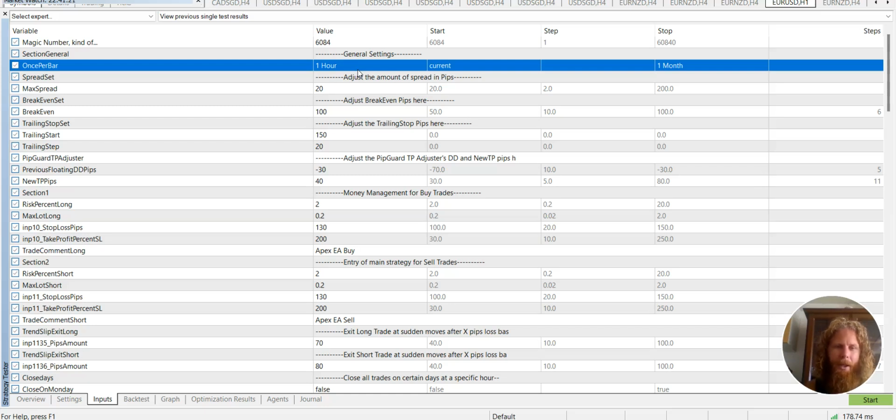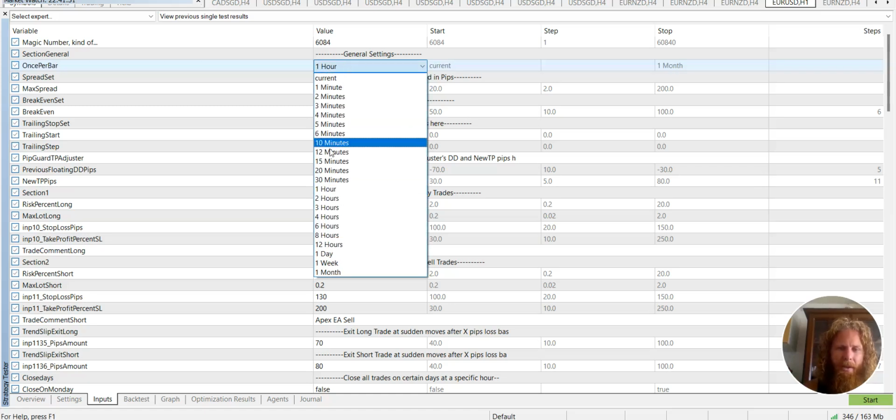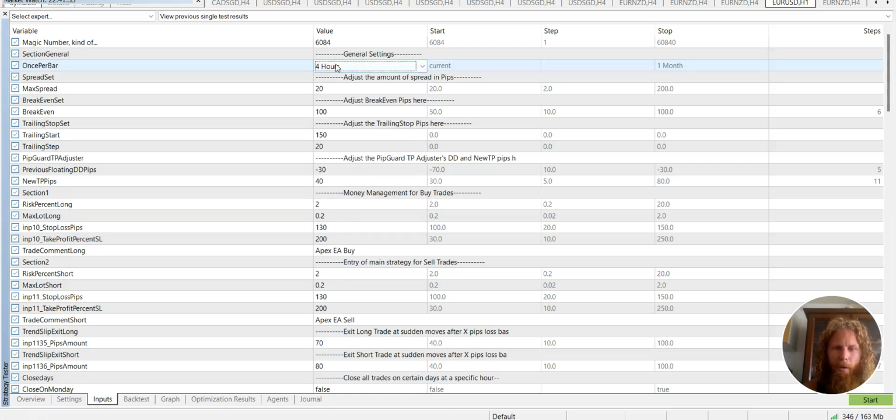And so in this parameter you can adjust in one candle how many times the entry strategy can run. So if you adjust it to, for example, 4 hours, it means that the entry strategy can't run multiple times in the 4-hour period.